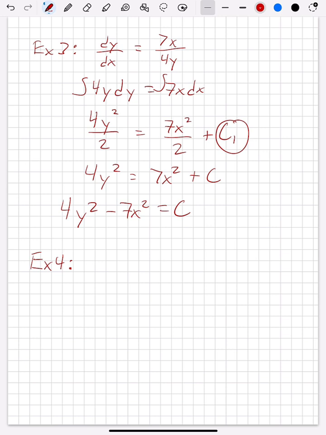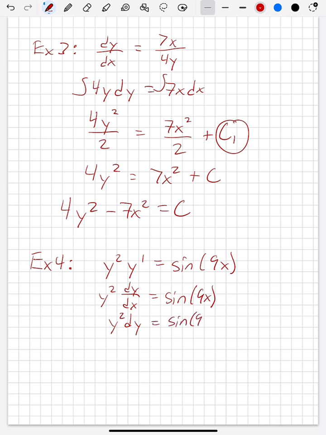So let's say that we have y squared y prime is equal to the sine of 9x. Just remember that y prime is the same thing as saying dy over dx. So I'm going to bring my dx over and say y squared dy is equal to the sine of 9x dx.